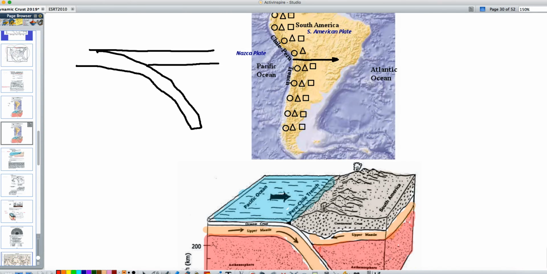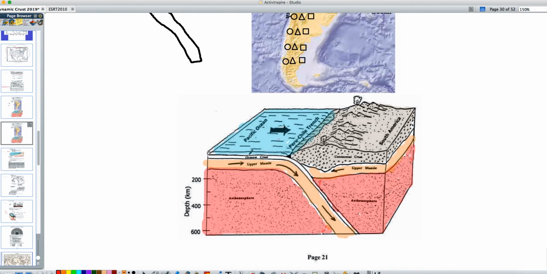So let's take a look down here at the cross-section of a convergent boundary. Earthquakes closer to the trench are more shallow. Earthquakes farther from the trench are deeper. Even farther, even deeper. And I'll tell you, this goes on for hundreds of miles beneath the continent.